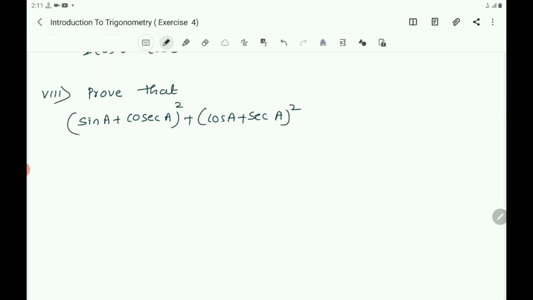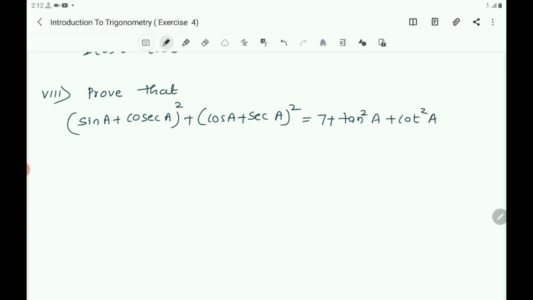Then the eighth question, prove that sin A plus cosec A whole square plus cos A plus sec A whole square equals 7 plus tan square A plus cot square A is to be proved here.